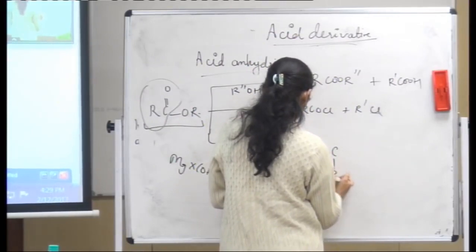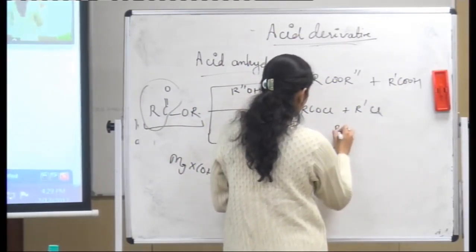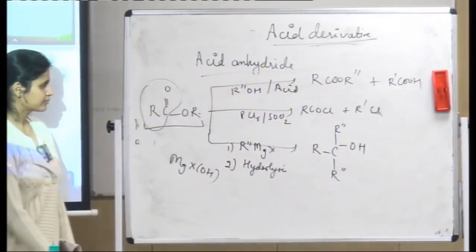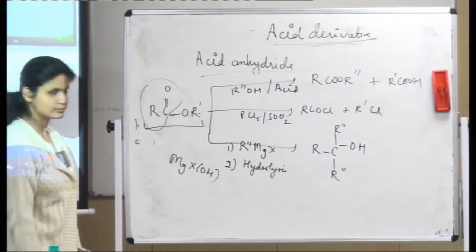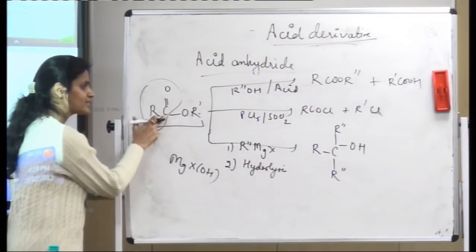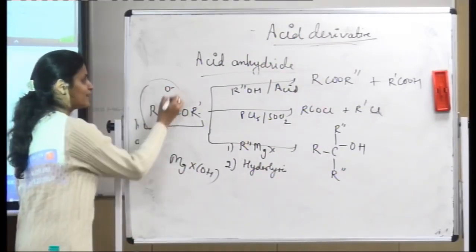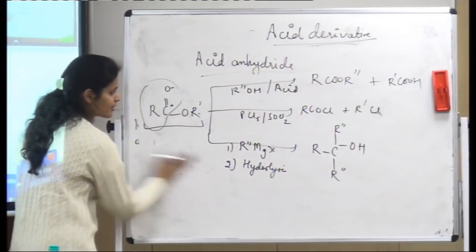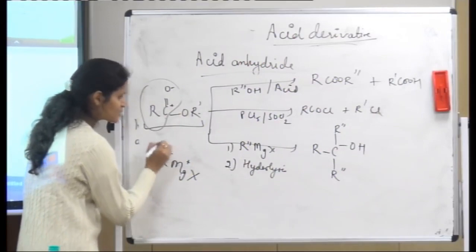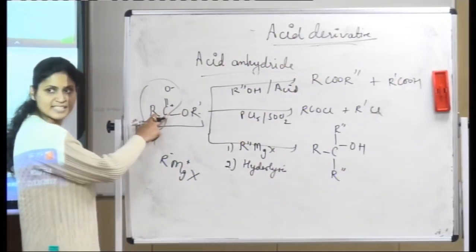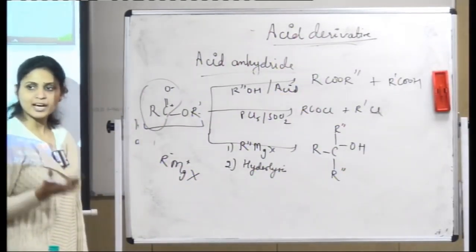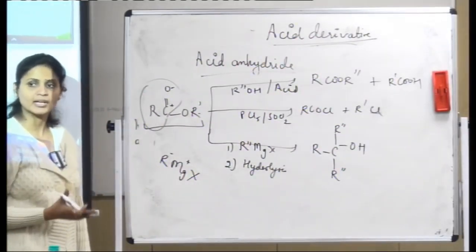RCR double dash OH. Alright. Addition of this group on this carbon. This is O minus, this is plus, and out of Grignard reagent RMgX, this is plus and this is minus, and hence R minus will go to C plus. So whenever you intend to add some alkyl group to any carbon, you should use Grignard reagent followed by hydrolysis.